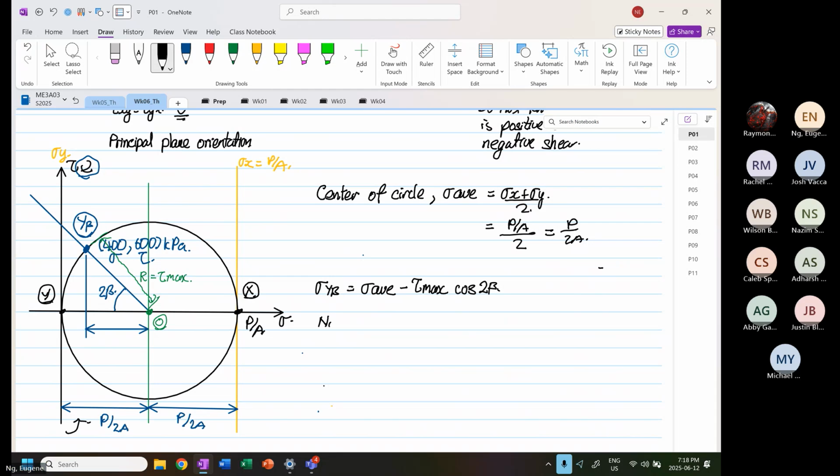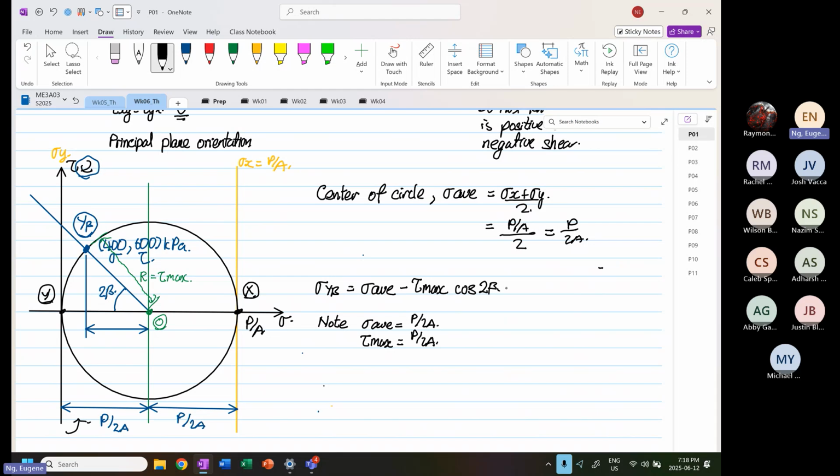Note that stress average is equal to P over 2A, right? And it happened to also comply that tau max is equal to P over 2A. Okay.